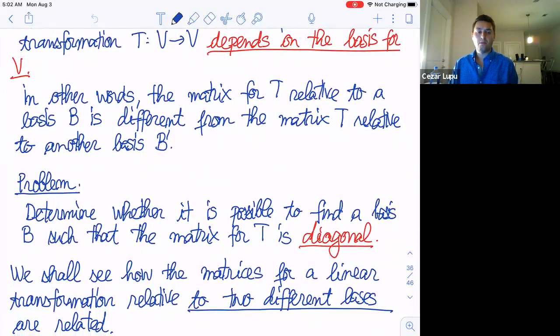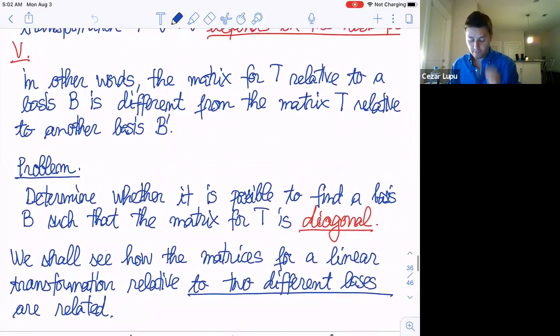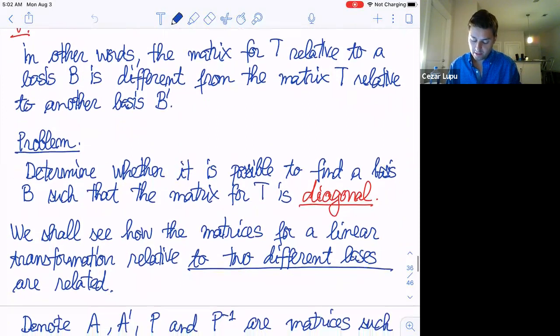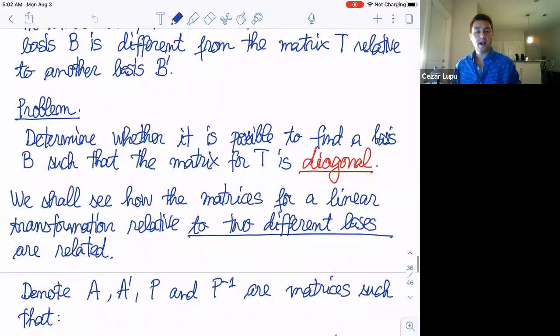So we shall see how the matrices for a linear transformation relative to two different bases are related. This is what we want to do. Here, I will denote four matrices: A, A prime, P, and P inverse.